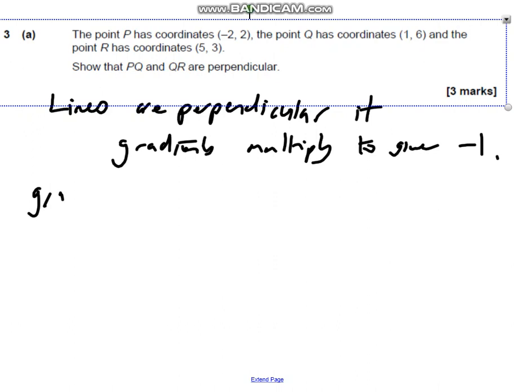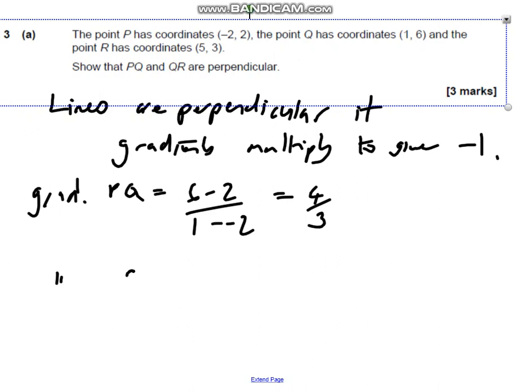Okay, so our gradient of PQ, that's going to be 6 minus 2 over 1 minus minus 2, which is 4 over 3. And our gradient of QR, 3 minus 6 over 5 minus 1, which is equal to minus 3 over 4.